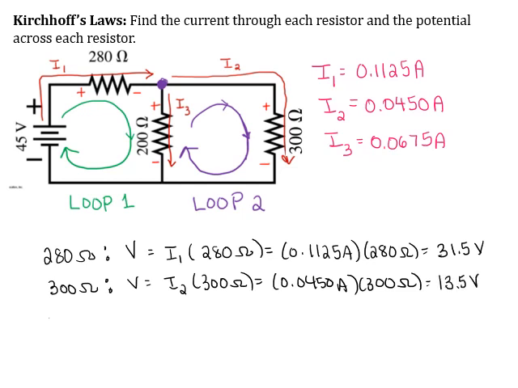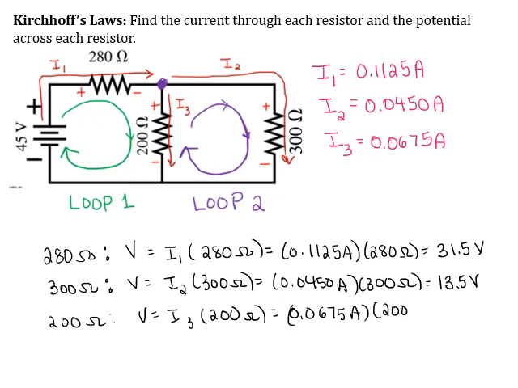And last, we'll do our 200 ohm resistor. The potential is current times resistance. Our current I3 is 0.0675 amps times our resistance, 200 ohms, to get a potential of 13.5 volts.